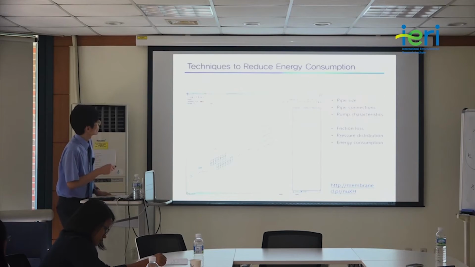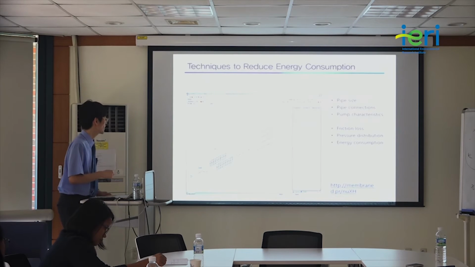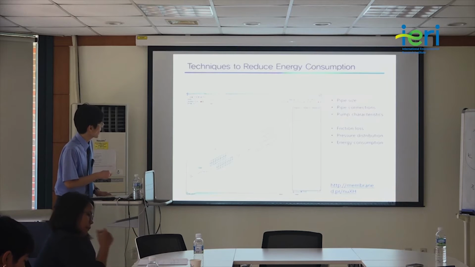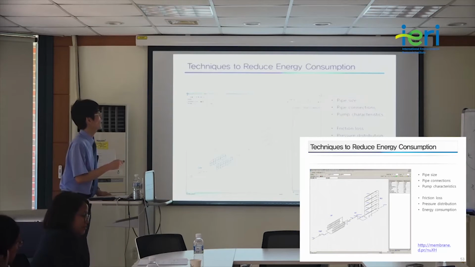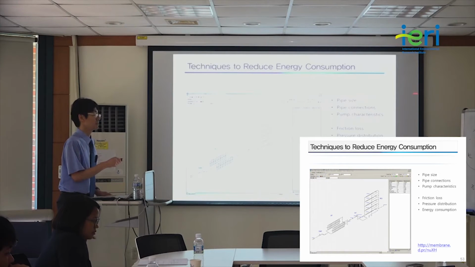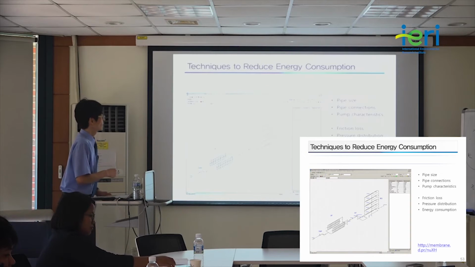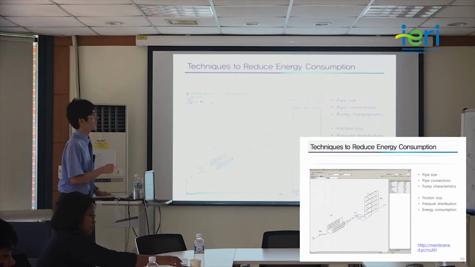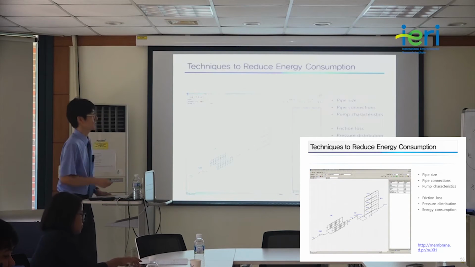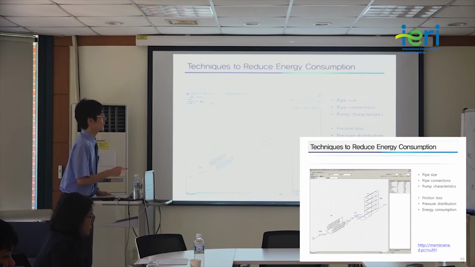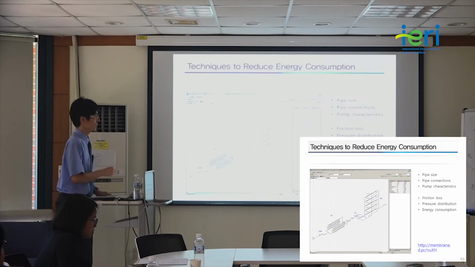So this is the computer model again. This is the reverse osmosis membrane part, and the pre-treatment. And we have many different pipes. And in each case, we have the pipe dimensions, pipe connections, pipe materials, and pump characteristics. And the computer software can calculate how much friction loss will happen and how much pressure is distributed within the system.